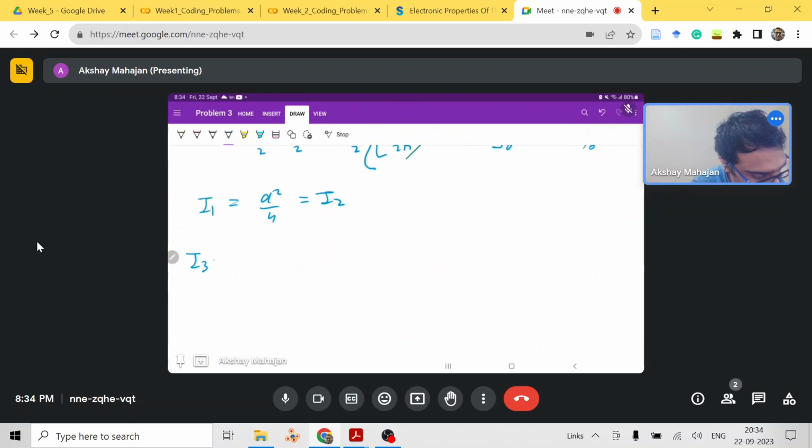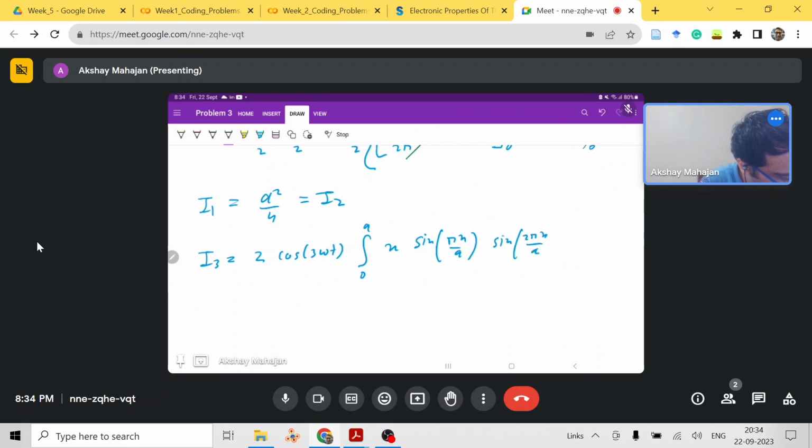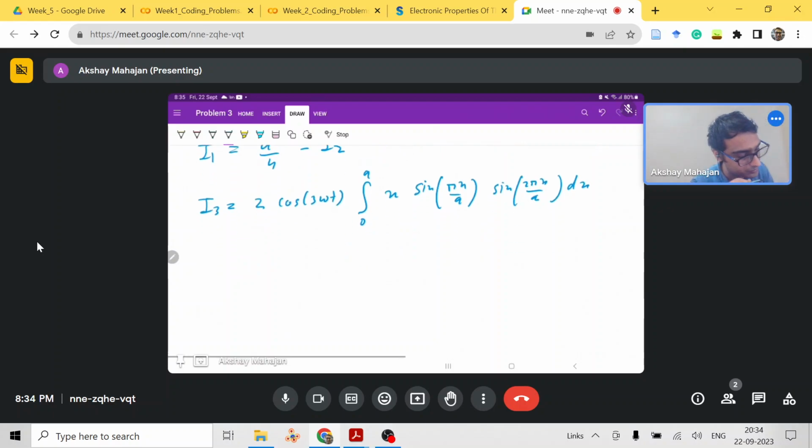And regarding I3, now for the I3 integration, what we have here, I will take out 2 and cos of 3 omega t times, I have to integrate from 0 to a, x times sine of pi x by a and sine of 2 pi x by a dx here.